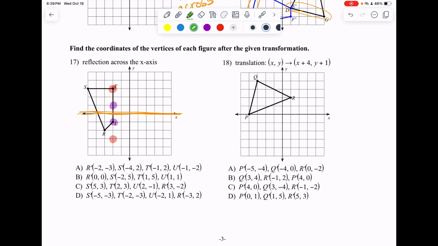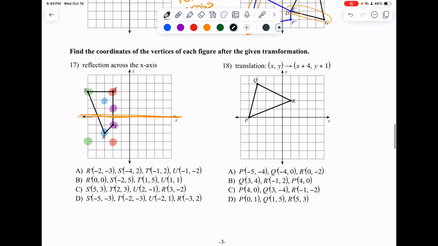And the S was 3 above again, so it's going to be 3 below. And the R was 2 below, so it goes to above. So I'm going to go ahead and connect these dots and see what we have. We have these two here, these here, this and this.